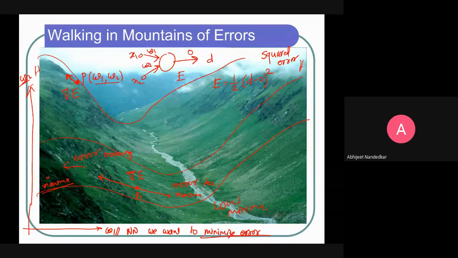But you are interested in minimizing the error, so you want the opposite direction. So what trick is done? We take the negative gradient of error. The negative gradient of error is a key thing in neural networks.